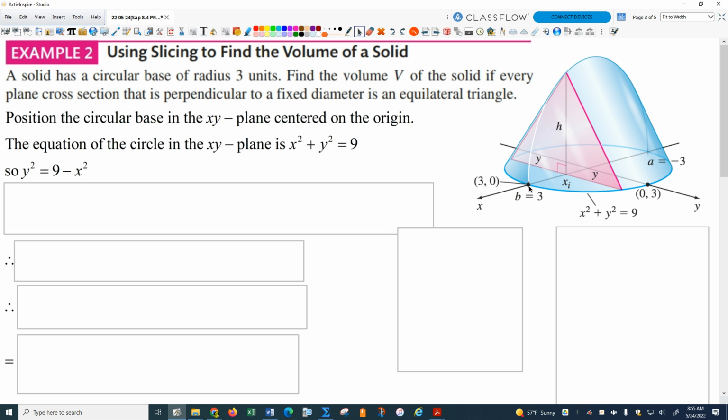Well, a diameter is just going to be a line that travels through the center of the circle, right? So a fixed diameter means that's going to be constant, and we're just going to make slices perpendicular to that line that forms the diameter. If all of those slices are defined to be equilateral triangles, then that's the picture we get, isn't it?